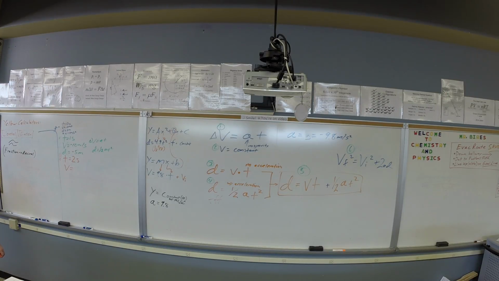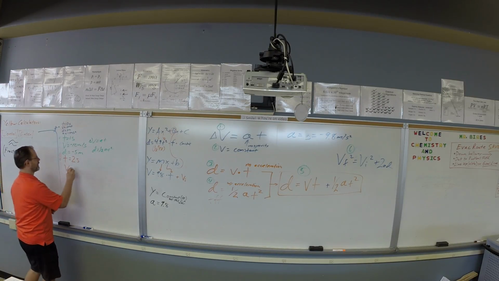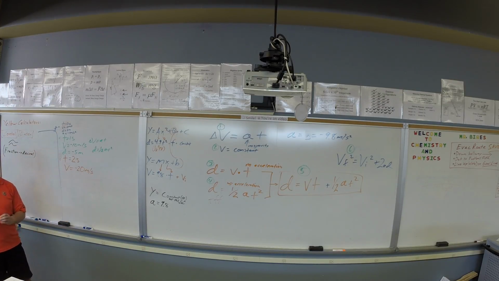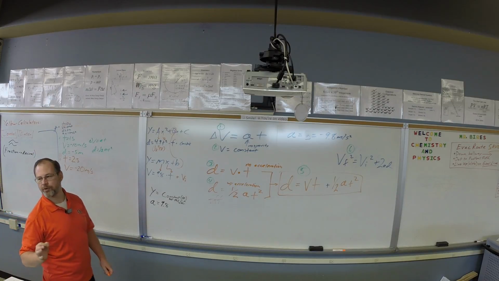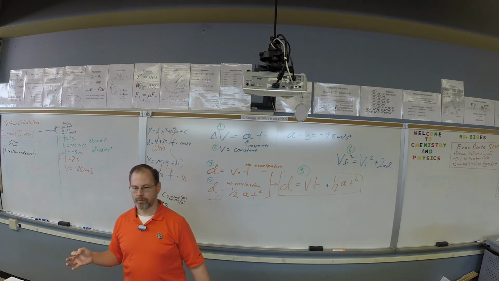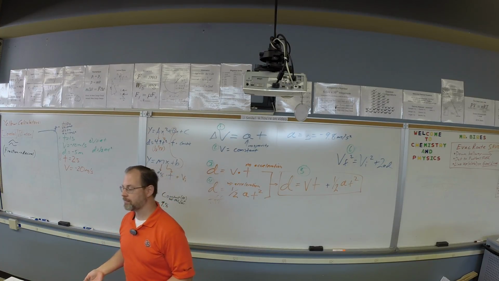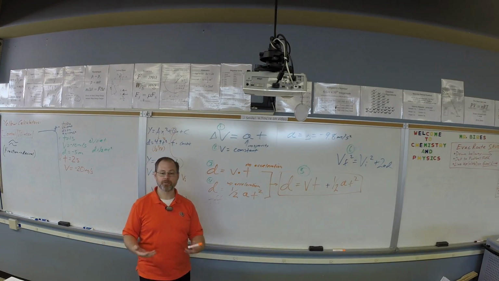It was -10, now it's -20. So every second, gravity makes something faster by 10 meters per second. Okay? So after 1 second, it's traveling -10. After 2 seconds, it's traveling -20.